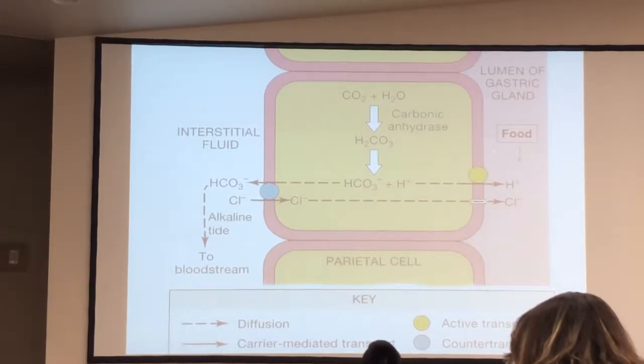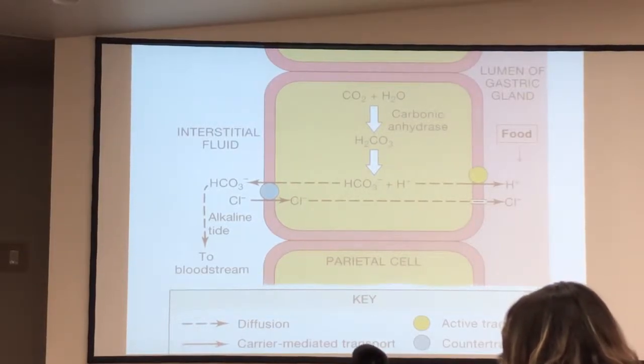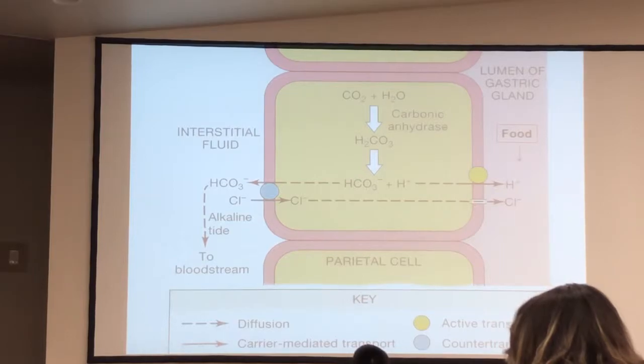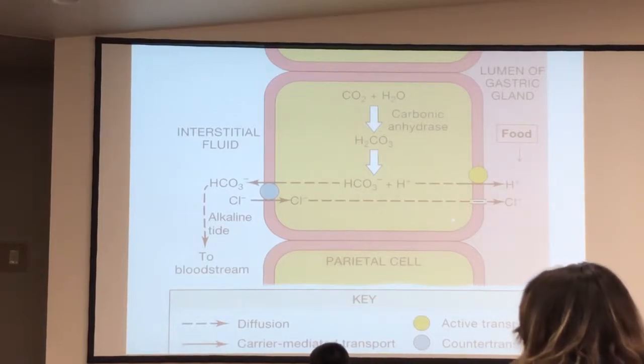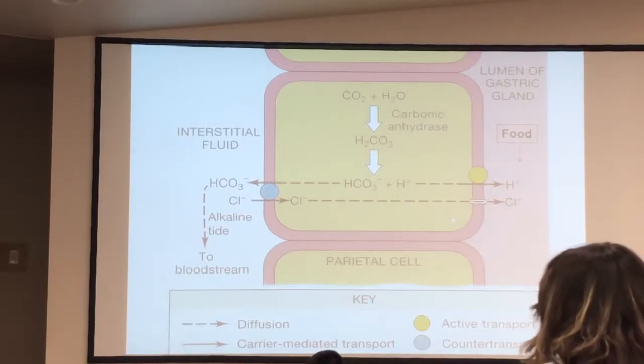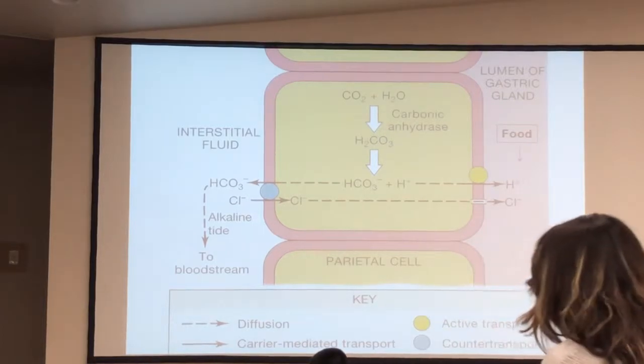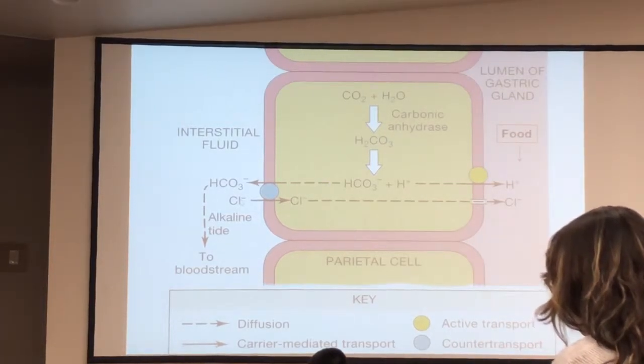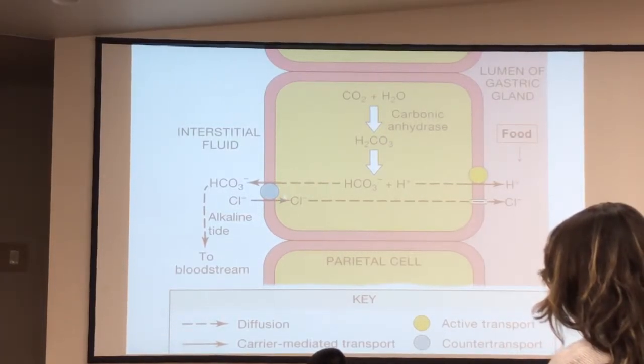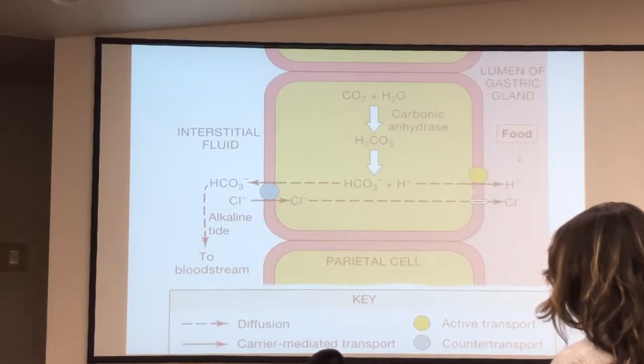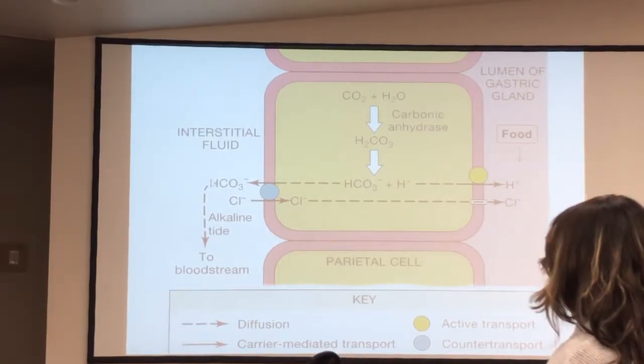the parietal cell. And here, they don't show you, but they have mucus to cover it. And so HCl, very strong acid, is not going to damage the parietal cell. Okay? And so that mechanism is very important for protection. And when the cell produces more acid, the bicarbonate ion also increases.